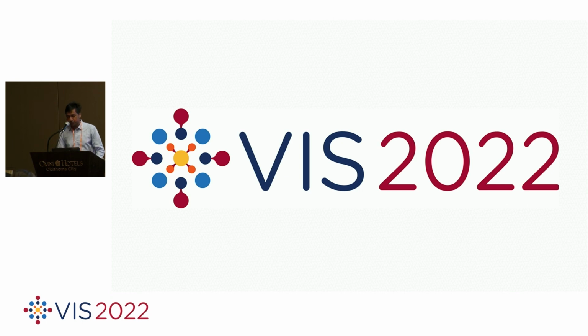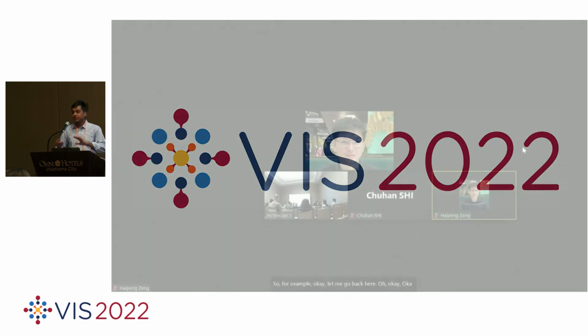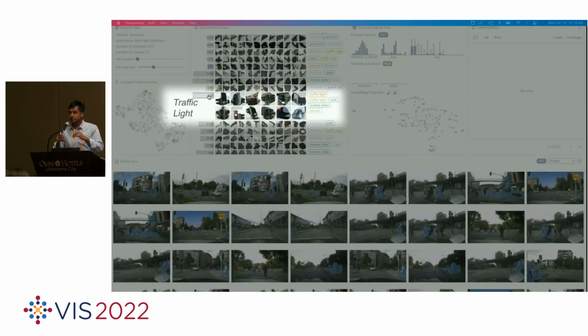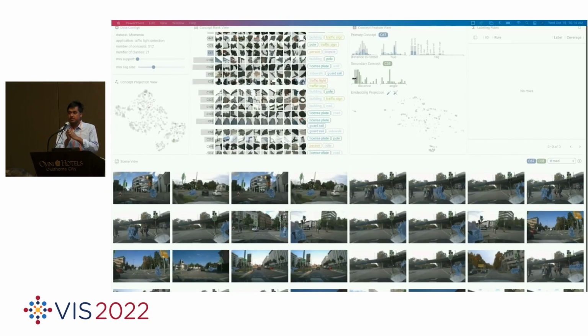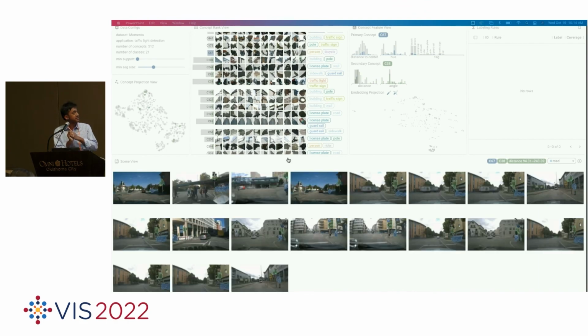Yep. So one way to do that is we have a projection view here. So for example, let me go back here. Okay, anyway, in the projection view, we can see which images are covered by labeling functions.